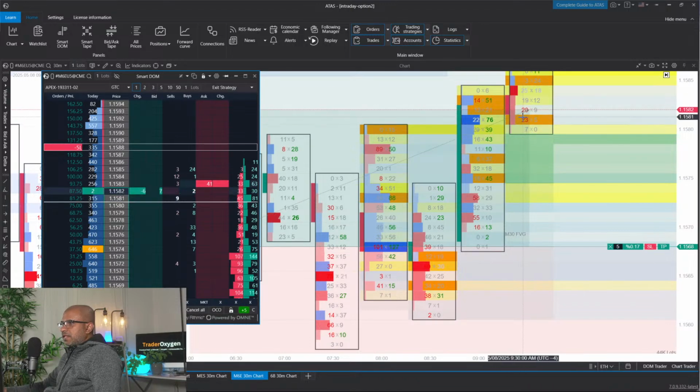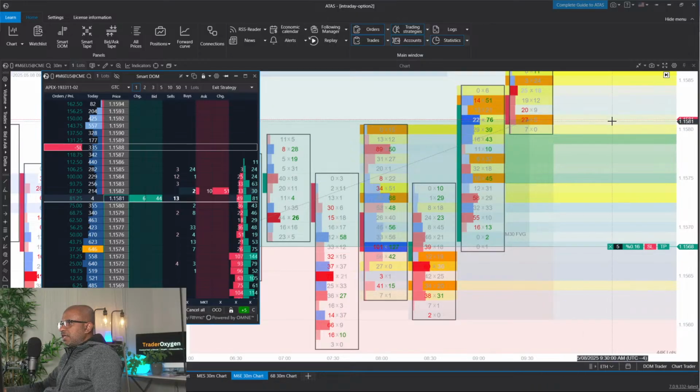So that's why I said the ATAS platform is very powerful compared to TradingView, where we could see this real-time information. You can see aggressive sellers are in action.